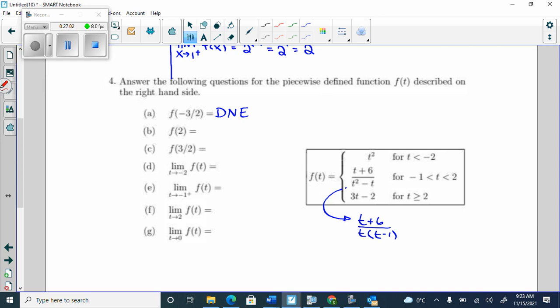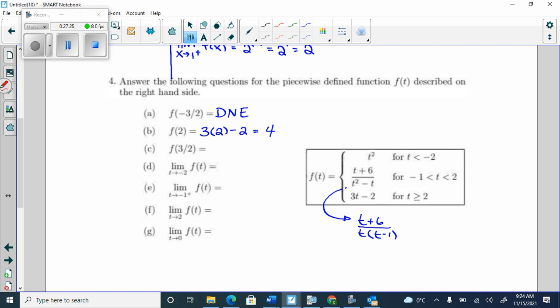F of 2 would get filled into the 3t minus 2 one. So it's going to be 3 times 2 minus 2, which is 6 minus 2, which is 4. And then f at 3 over 2, which is 1.5. Where does that fall?